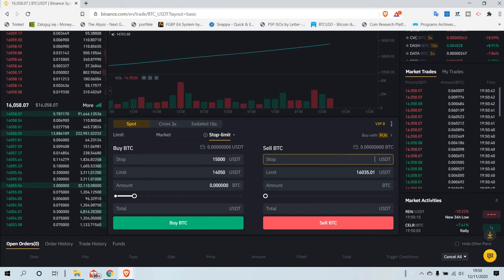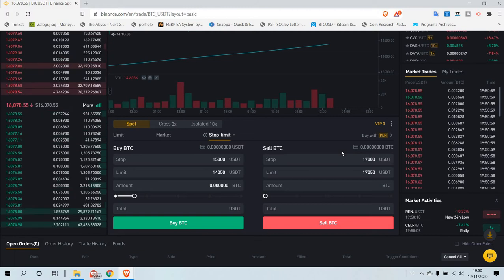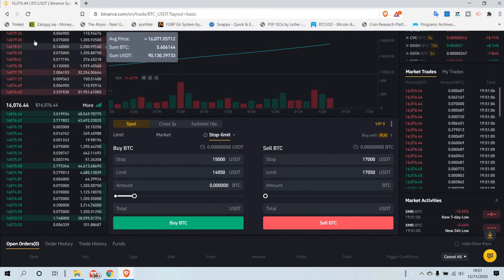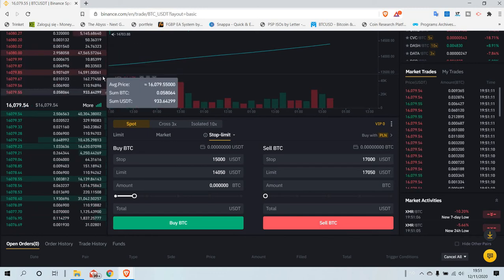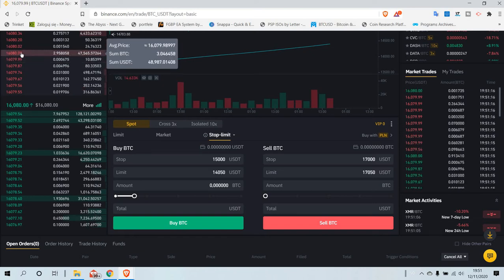So when we want to sell, for example higher than this, let's say 17, and then we want to sell it for 17.50. This is a very smart option, because in this case, when we are setting a stop loss order, our order is not gonna show up in here, and many traders are looking in the order book for so-called walls.